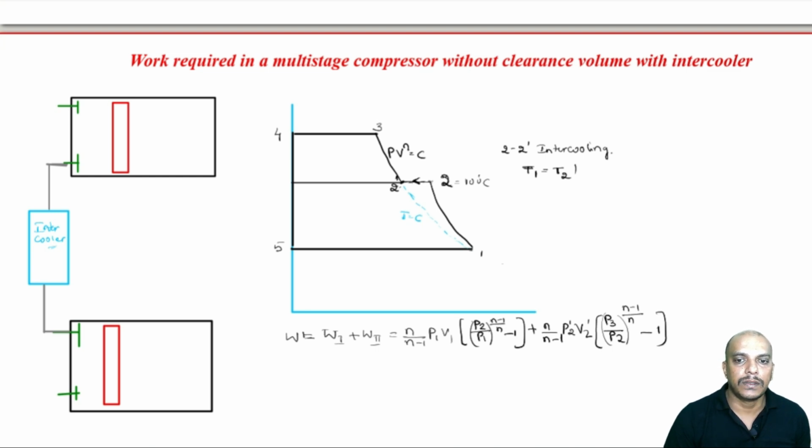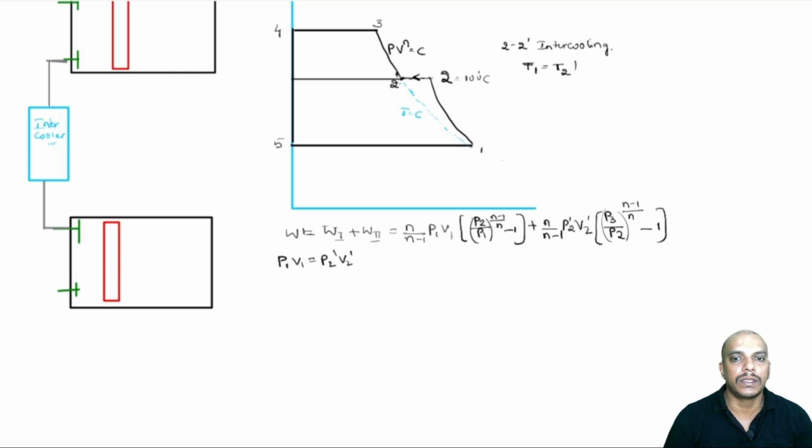Now since we are talking about a perfect intercooler, we can write P1 V1 equals P2 dash V2 dash, because that is the assumption. For a constant temperature we also know that PV is constant, so P1 V1 must be equal to P2 dash V2 dash.